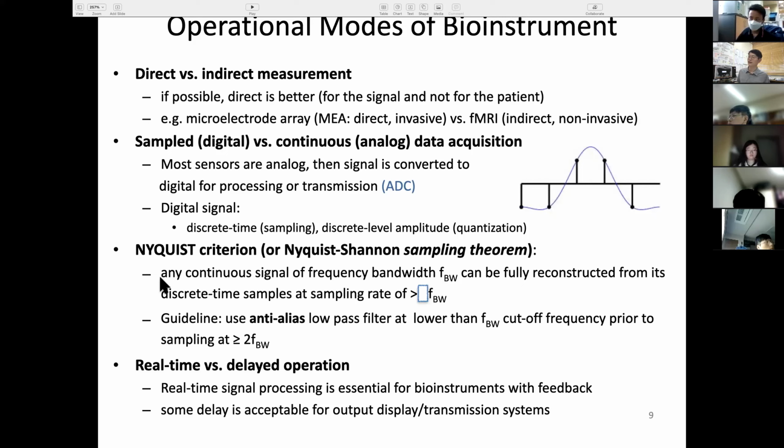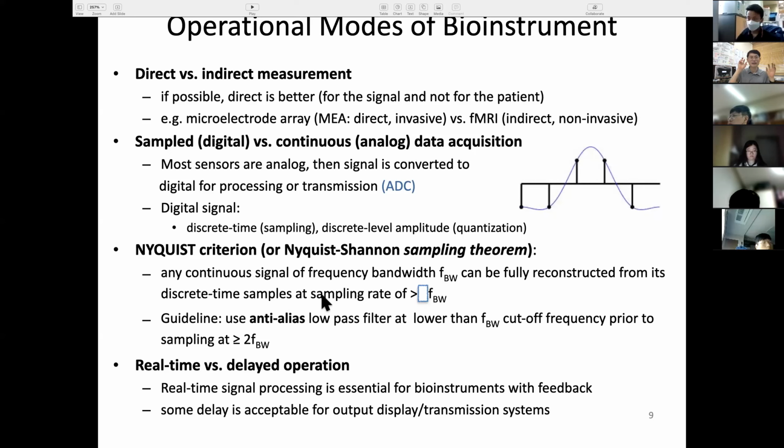When you are sampling a time varying signal, let's assume it can be decomposed into sinusoidal curves, as you may have heard from Fourier analysis, Fourier transform, Fourier series analysis. Any continuous signal can be fully reconstructed from discrete time samples if you sample it fast enough. If you sample it too slowly, you may not be able to reconstruct the original signal.